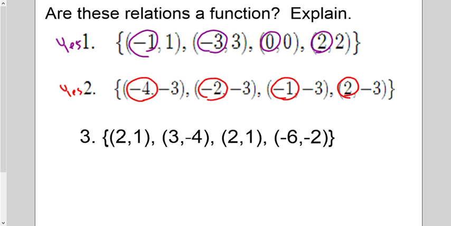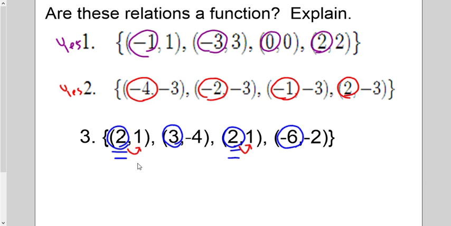And now let's go and take a look at our last relation here. This is a 2. This is a 3. This is a 2. Uh-oh. See that? They repeated. And this is a -6. Well, we're not going to say it's not a function yet. We want to look at the y values. This 2 got a y value of 1. This 2 got a y value of 1.